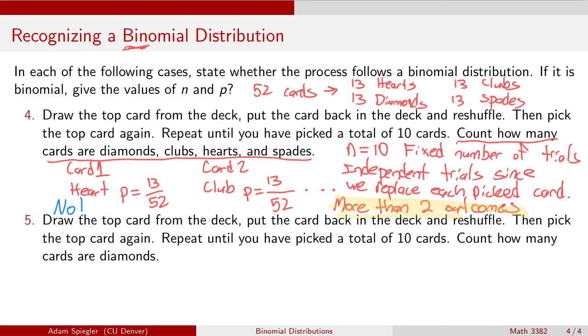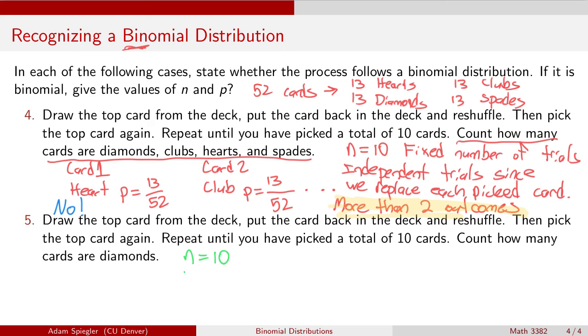And lastly, let's take a look at 5. So very similar situation. We have a deck of 52 cards. We're going to pick a card from the deck. We're going to count up how many of these cards are diamonds. And each time we pick, we put the card back in. And so now, right, we're picking 10 cards.